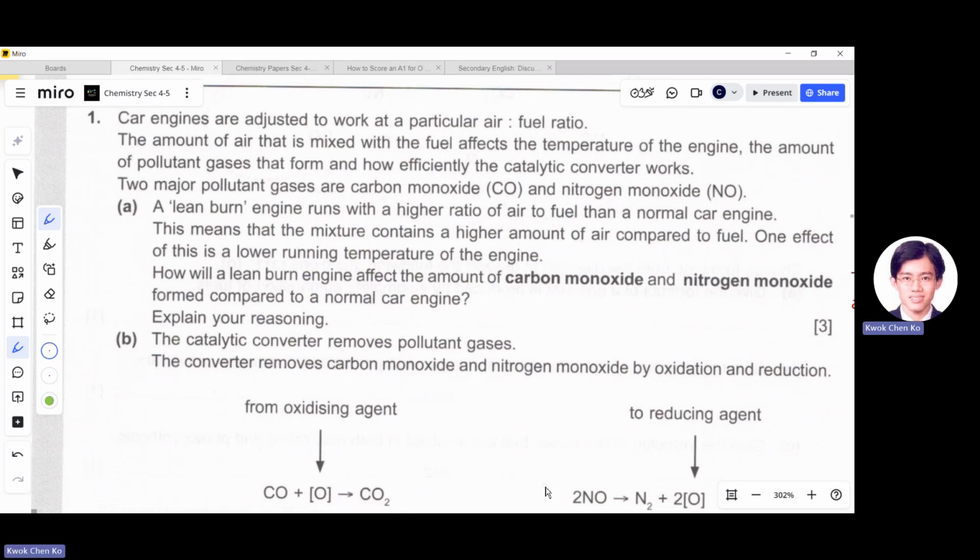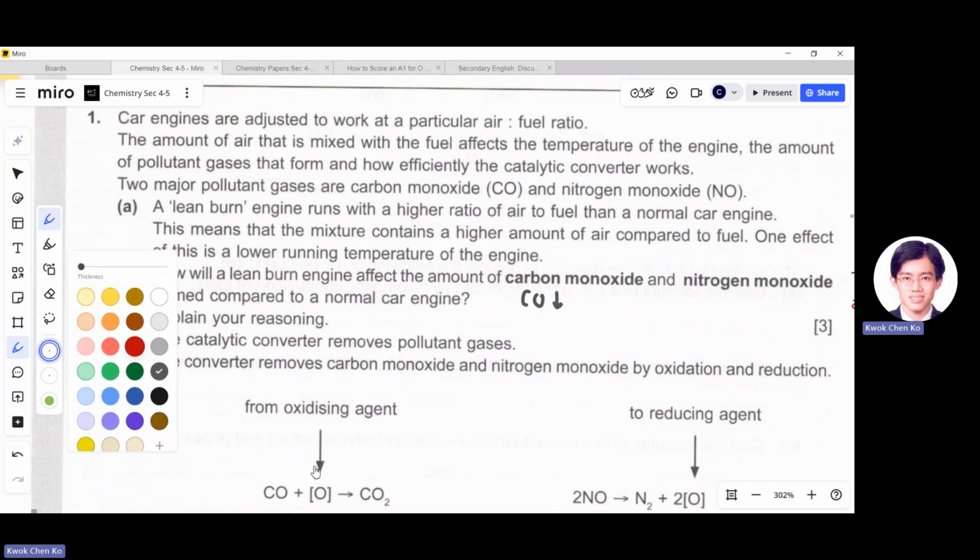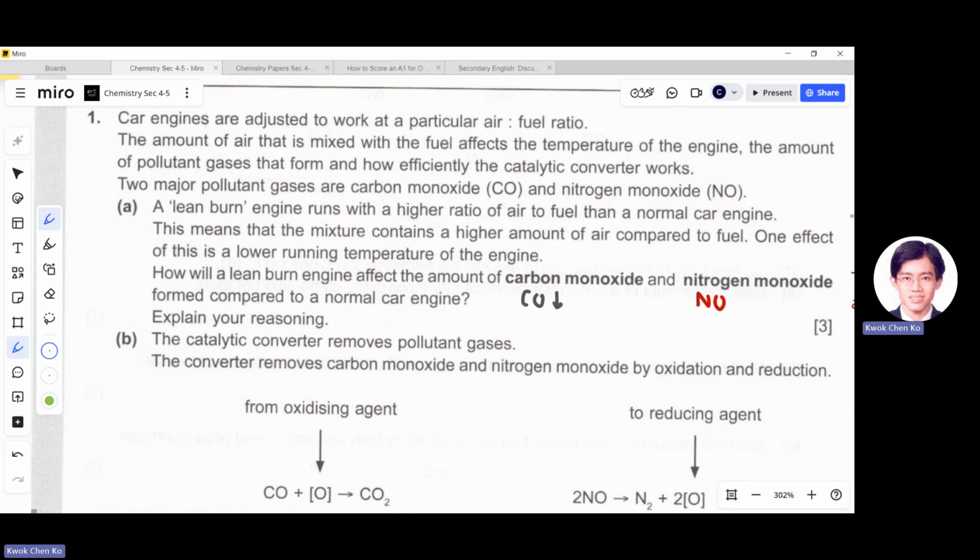So you say that your CO will decrease. How about NO? Decrease. Okay. Why does CO decrease?